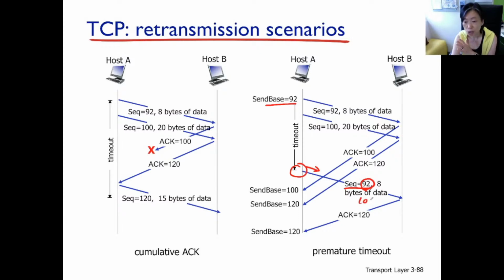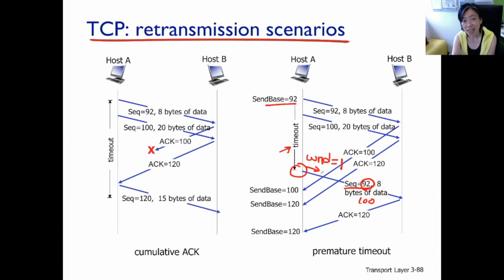So that should include sequence number 100. And that is what I was describing, explaining example 3. The fact in TCP is this. There's something a little bit extra here. When the timer for send base 92 expires, the sending window size at the sender is also reduced to 1.